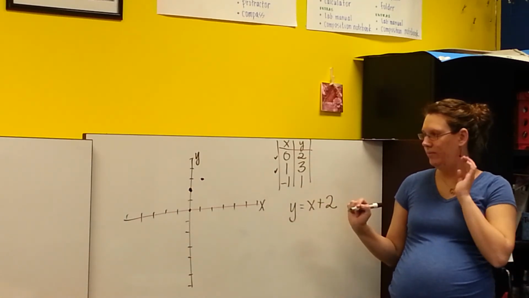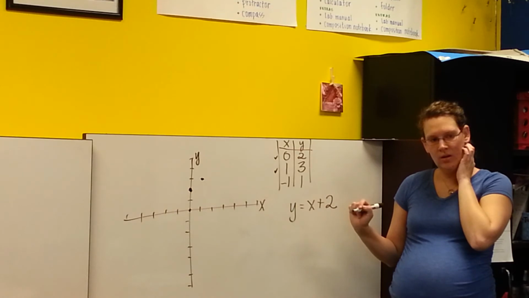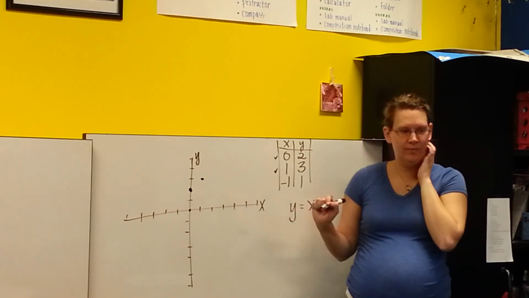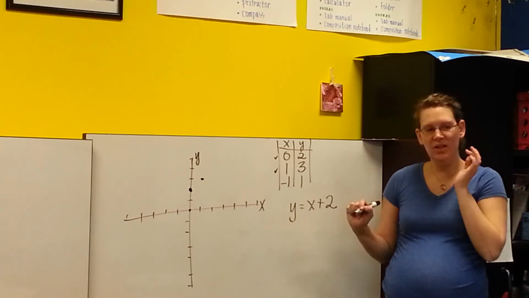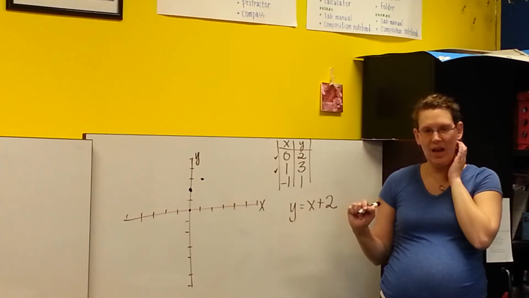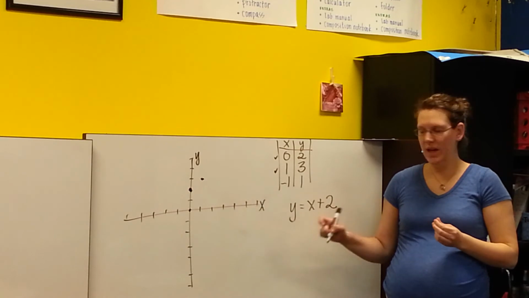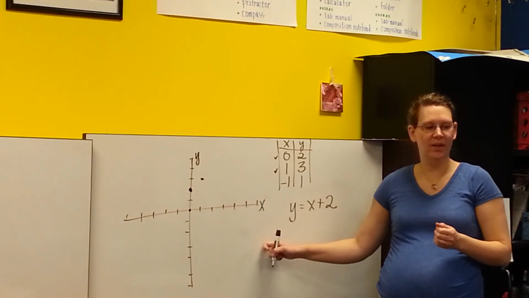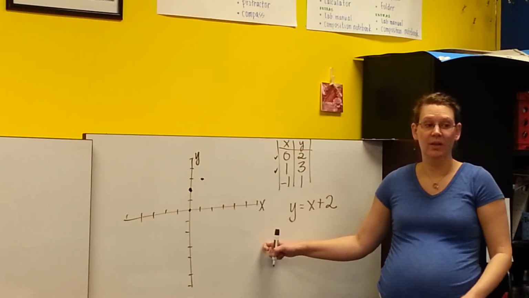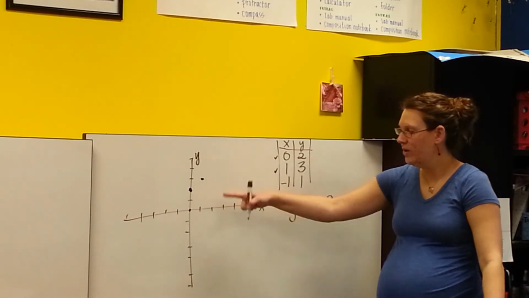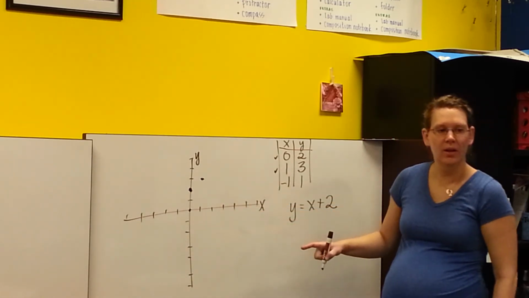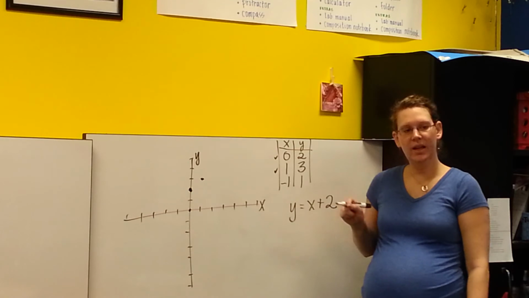Negative 1, 1. Where do I go first? Where do I always start when I graph a point? Let's rewind to that one real quick. Eyes up here. Where do I always start when I'm graphing something? My finger should immediately go where?